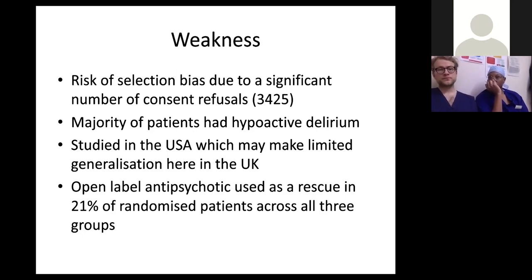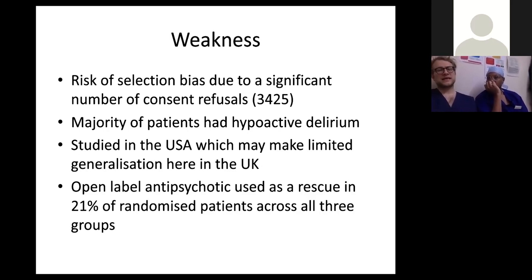The majority of patients, so Ishay touched on this, had hypoactive delirium, so 89% of the 500 that were treated for delirium had a hypoactive delirium. So in our experience in ITU, we tend to see hyperactive delirium being treated with antipsychotics, haloperidol or olanzapine. So how relevant that then makes this study to our practice is a question.